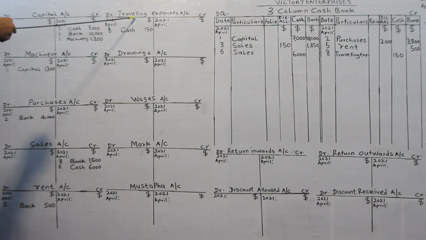If you observe, they did not mention in the question that we paid for traveling expenses with cash or with check. Once the question is silent, that means the payment was made with cash. And since the traveling expenses cost the $150 to go out, traveling expenses account is the receiver and has to be debited.